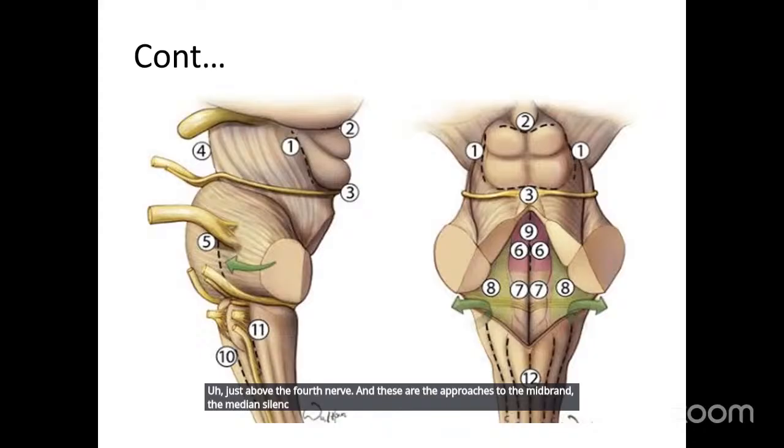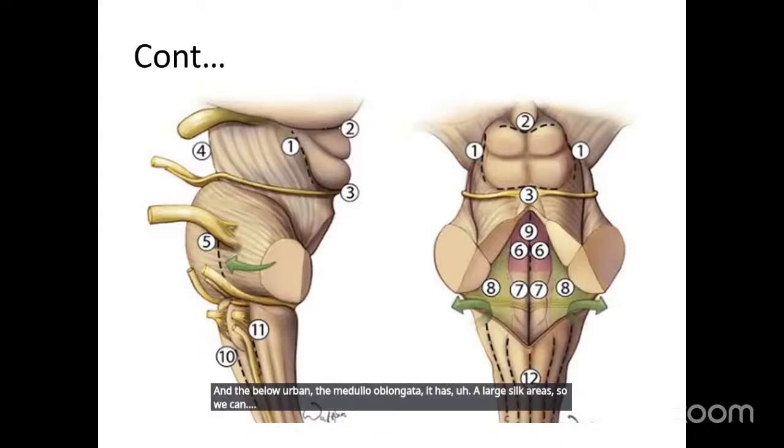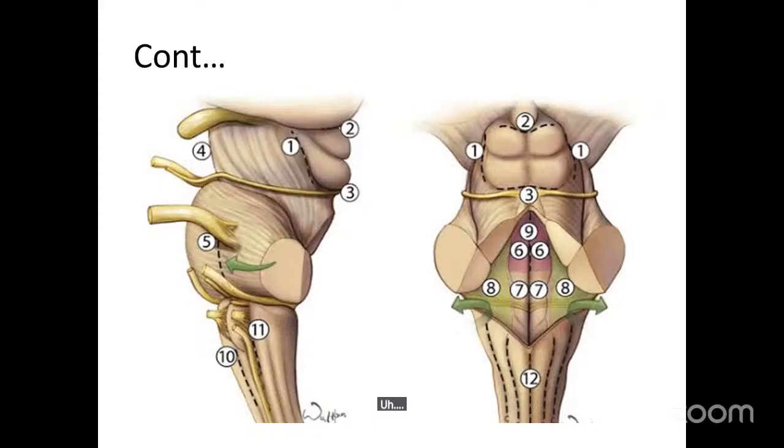On either side of the medial eminence is the sulcus limitans and the vestibular area. And below, the medulla oblongata has large sulcus areas, so we can go and enter into it.